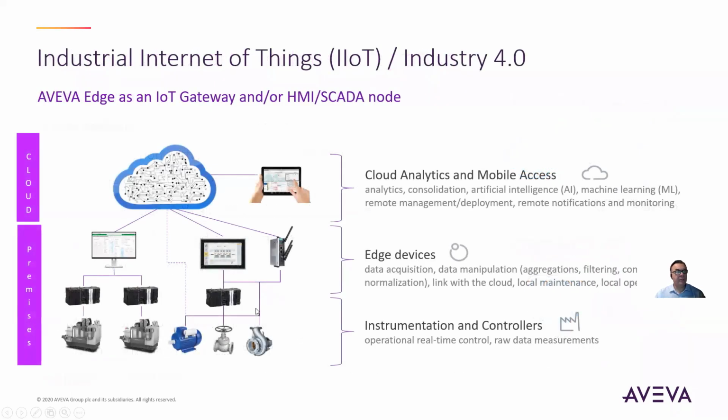And again, being able to take that data from the edge type devices, whether that's valves, pumps, motor controls, whole machines, whatever you consider the edge, so to speak, being able to get that data, not only just kind of a pass through, but also more of a data acquisition, data manipulation, and aggregate that data, filter, contextualize that information before you send it to where you need to analyze that, whether it's a cloud-based analytics or on-premises historian.